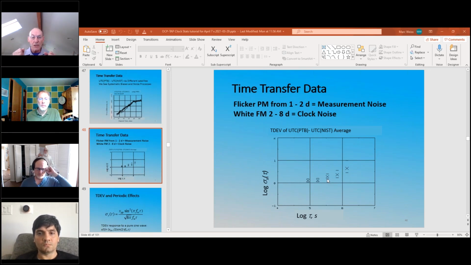Typically, time transfer noise is going to be white phase noise or flicker phase noise, whereas the clocks themselves will start with white frequency noise. So you're able to differentiate it. You get a beautiful picture of all the different pieces of the puzzle by doing this.